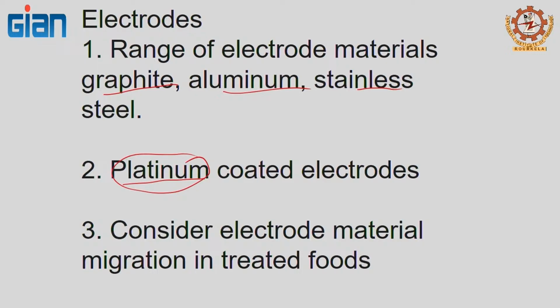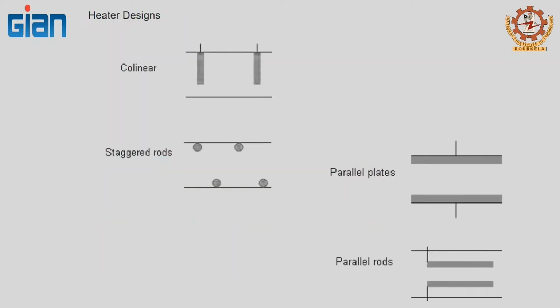So, that is where you have to coat with the platinum electrode. And you can develop methods to measure how much electrode migrates into the food, so that you have to report that part in your filing process.